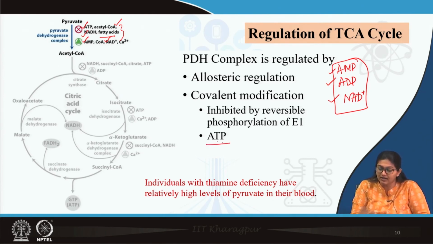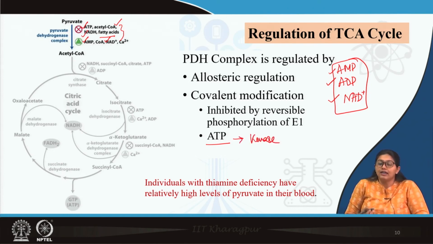ATP is the phosphorylating trigger which activates the kinase enzyme, and when phosphorylated, E1 pyruvate dehydrogenase is inactive. Similarly, in absence of ATP, phosphatase is activated, so there is dephosphorylation of the enzyme, which is the active form. This is the covalent mechanism by which PDH is regulated.